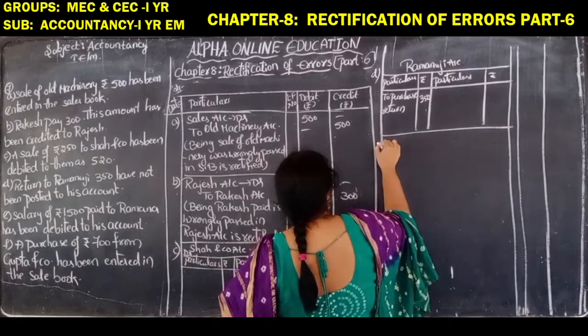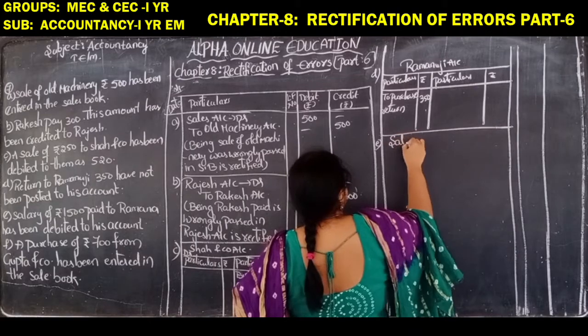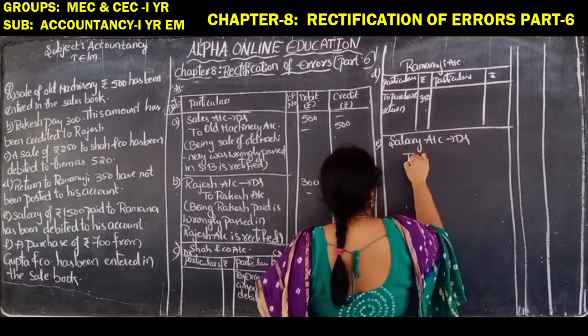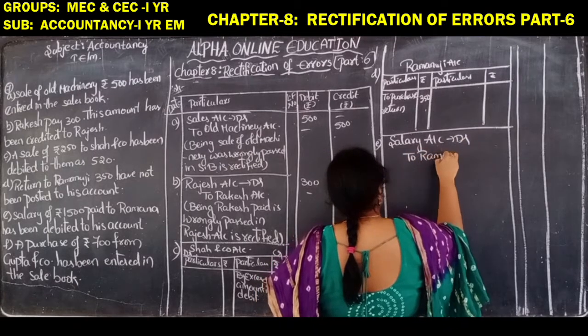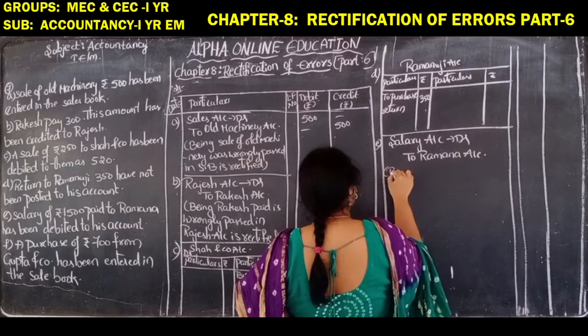Means, see, salary account debtor to Ramana account. Okay. So, write down the narration.